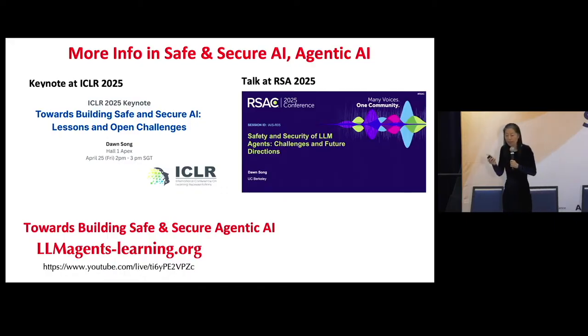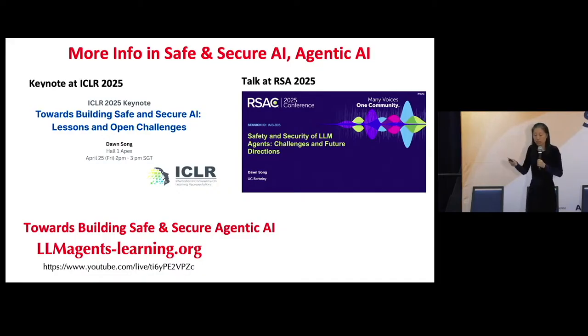Given the interest of time, I won't go into the details, but for more information, you can check out my ICLR keynote, as well as my lecture in the Agent MOOC last semester, a 2-hour lecture on building safe and secure agentic AI.